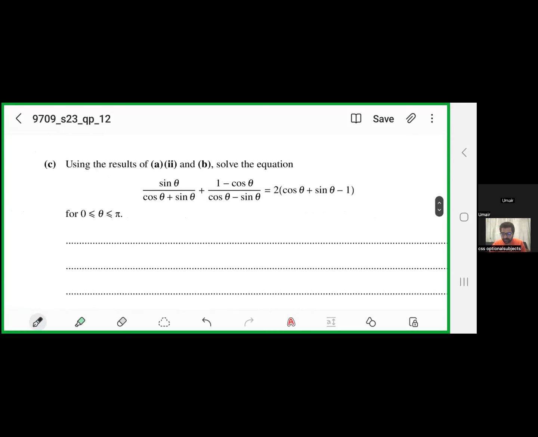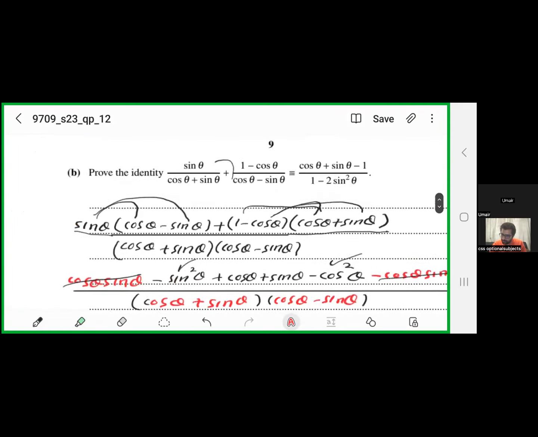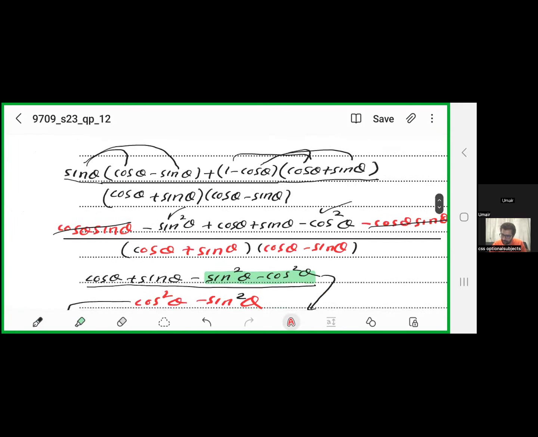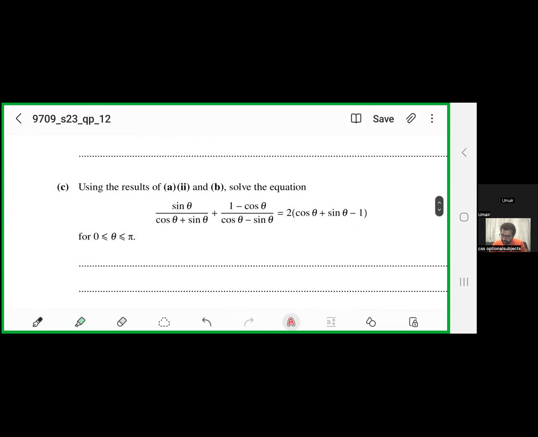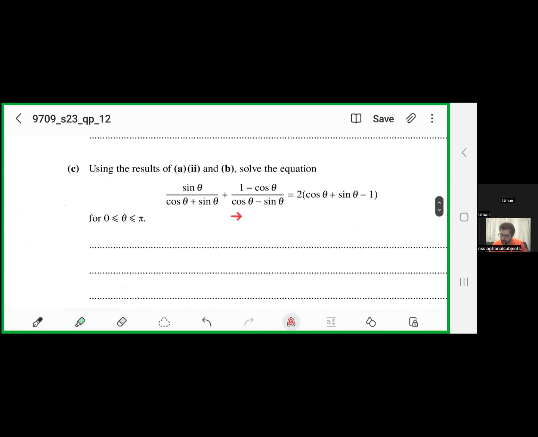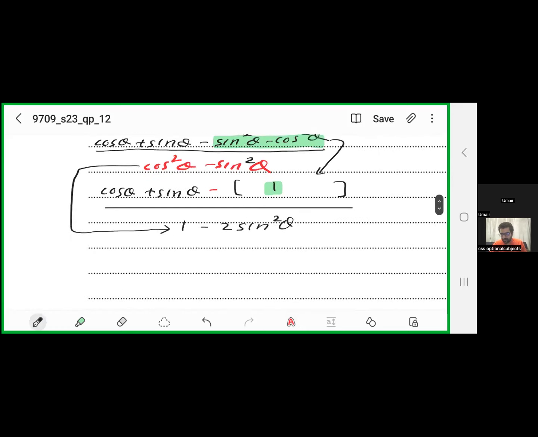Then they say that hence, using the results of A2 and B, okay, this one, you have to solve this equation. This is equal to 2 times cos theta plus sin theta minus 1. Okay, when you have to solve this equation, the result for this equation is this one, sin theta plus cos theta.